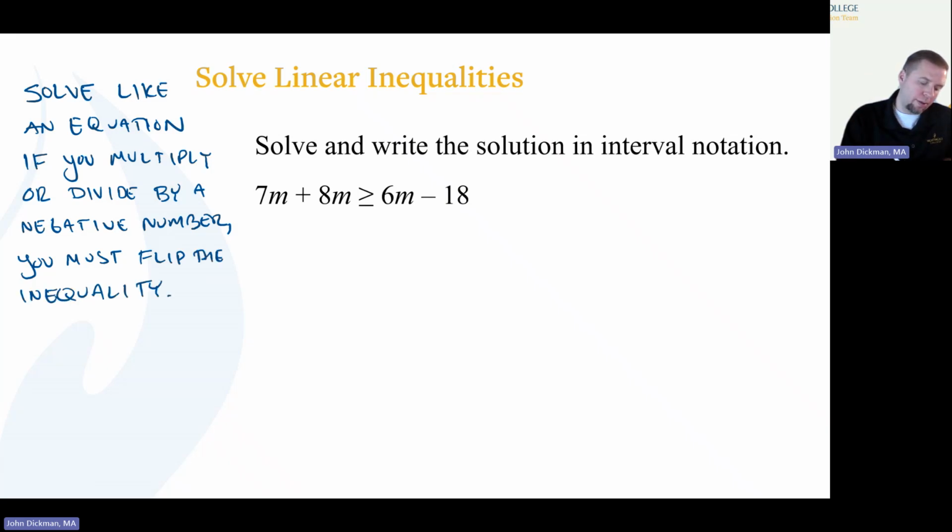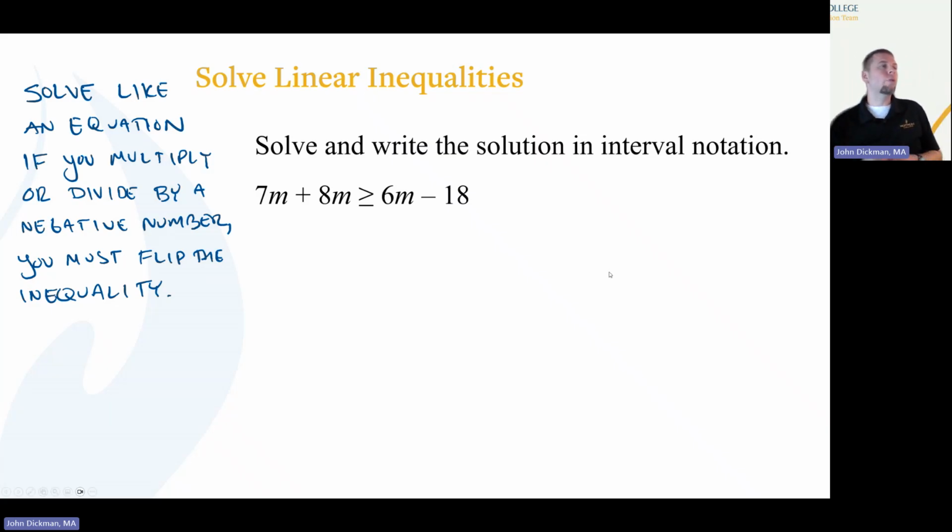So let me be very clear. We are going to make sure that it's only when we're multiplying or dividing by a negative number, not when we're multiplying a negative number by a positive number, but when we're multiplying both sides of the equation, you must flip the inequality. So if it's greater than, it becomes less than. If it's less than, it becomes greater than.